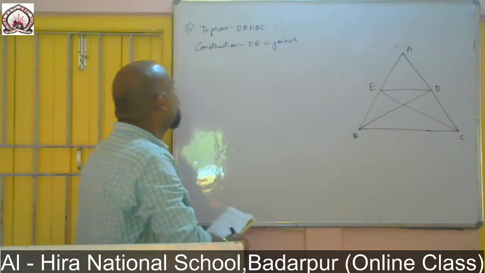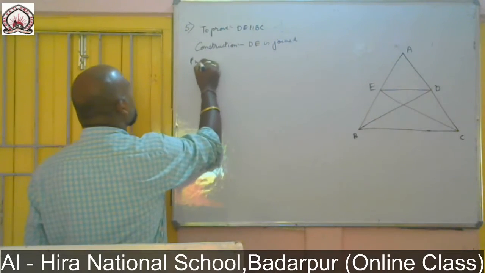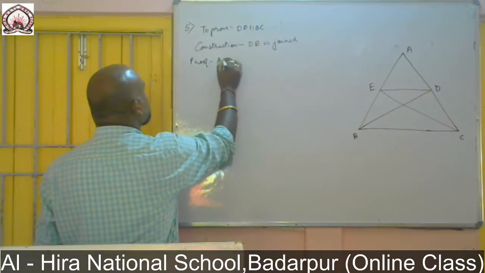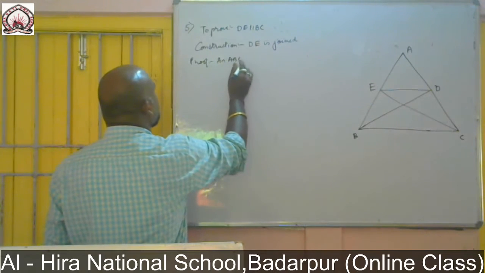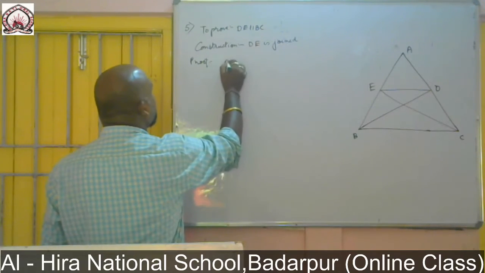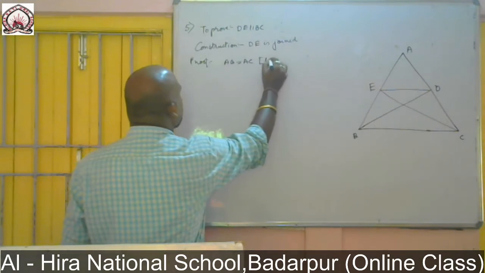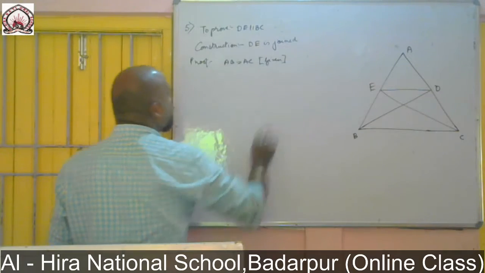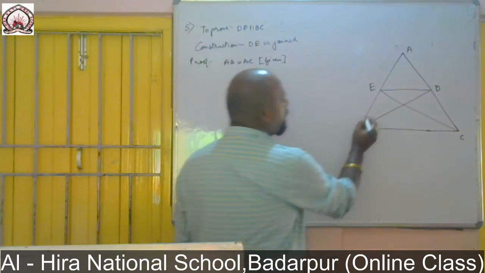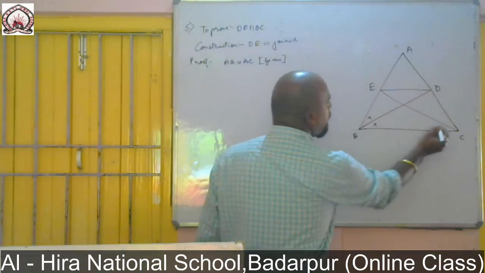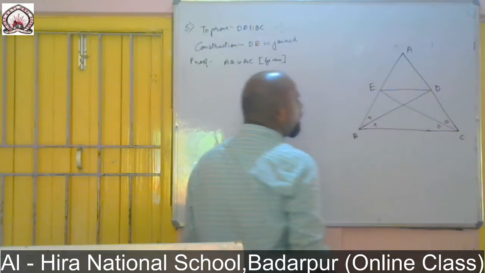Now proof. As AB equals AC, this is given. Now this is the bisector, which means this angle is equal to this angle, and this angle is equal to this angle.